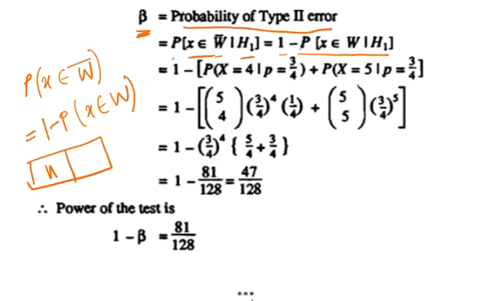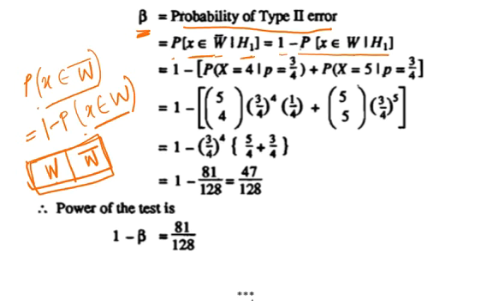One is the critical region or rejection region, and the other part is the acceptance region or non-critical region. So in total, if we consider the probabilities, probability of W plus probability of W bar is equal to 1. That's why you can write the probability of x belongs to W bar is 1 minus the probability x belongs to W, the critical region.